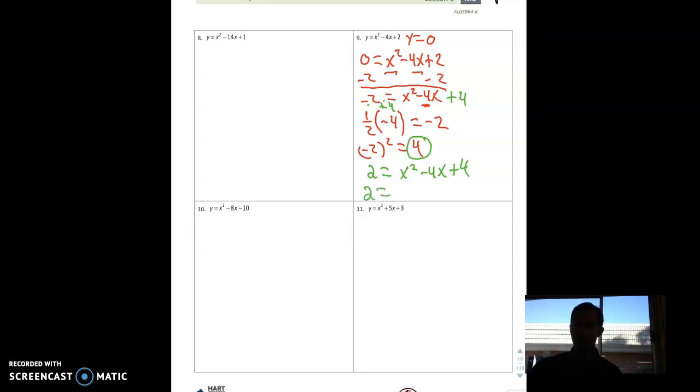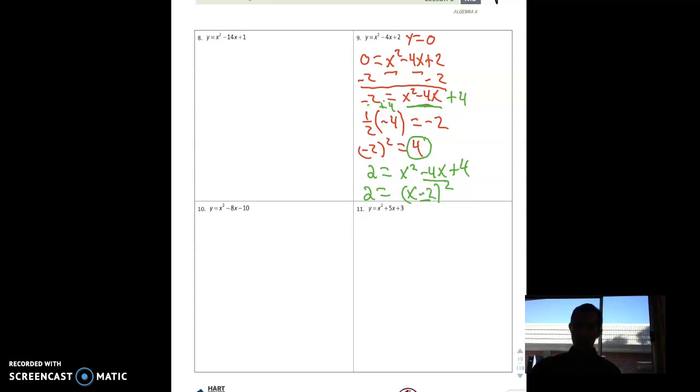So I'm going to rewrite it in parentheses as something squared. Remember, the whole goal of these problems is to get the 2 x's, which we had originally right here, and we want to make it just 1 x. Okay, so how do we know what goes inside right here in the parentheses? It always ends up being half of the middle number. So half of negative 4 here is just negative 2.